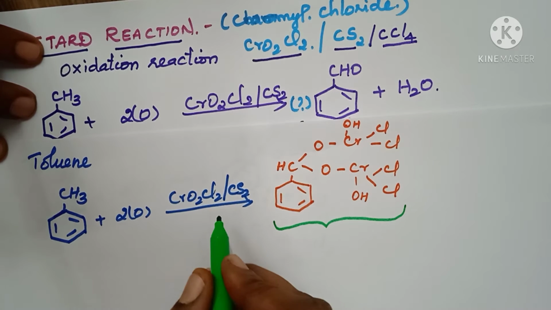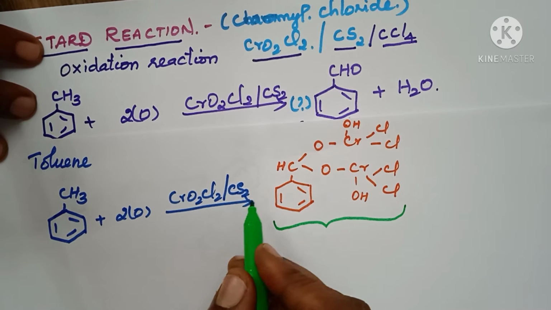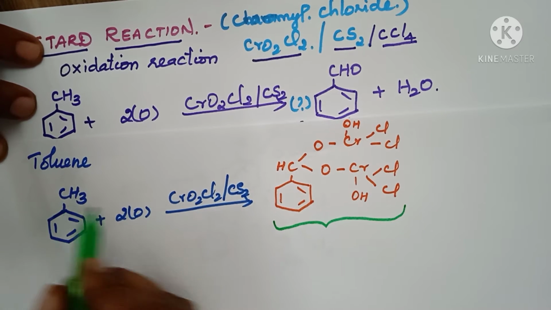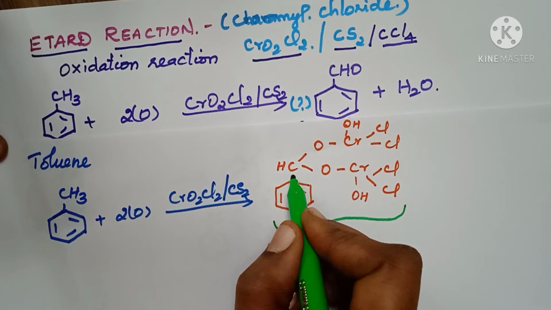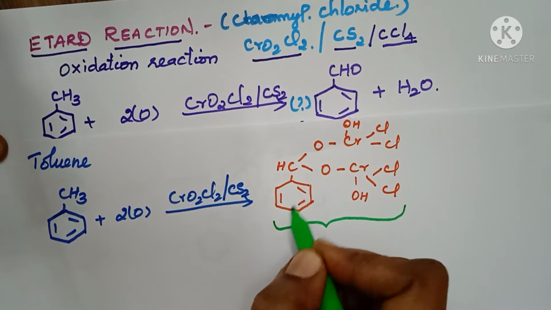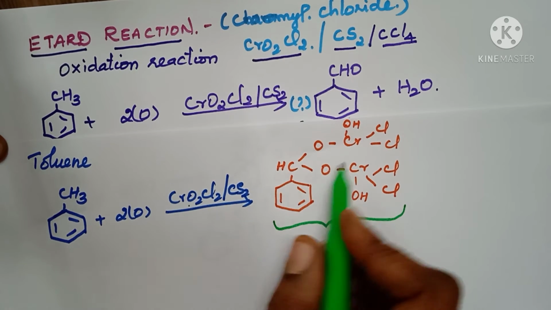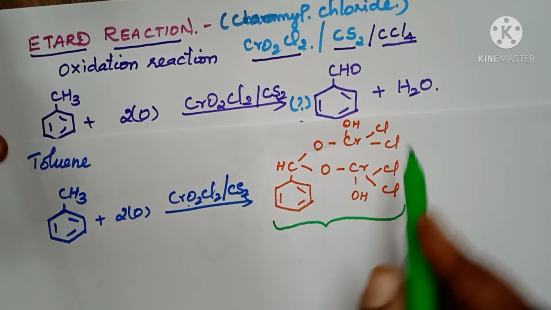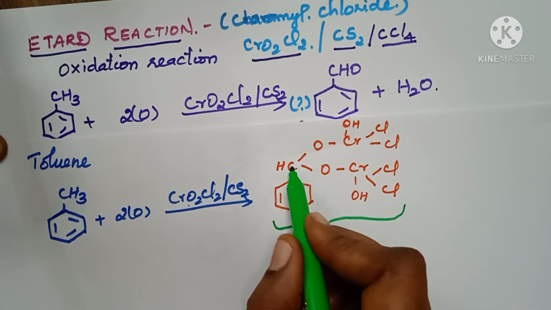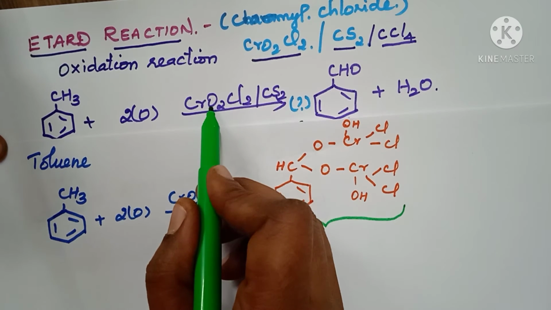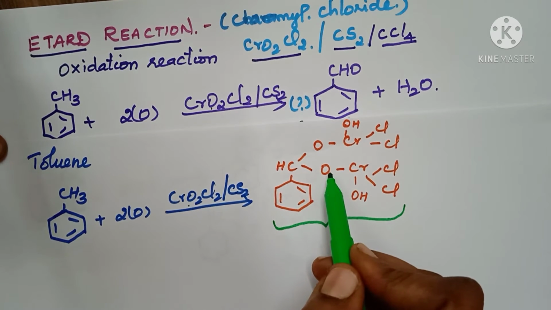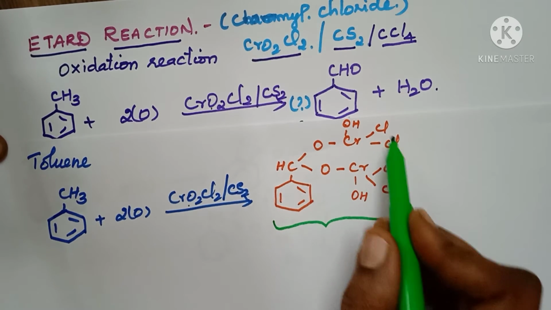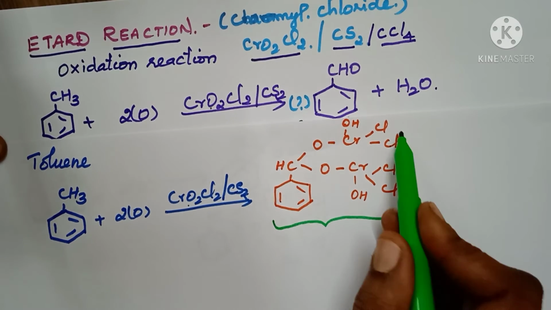Now here is the toluene compound, with chromyl chloride and carbon disulfide. Here benzene, along with that CH, here CH3; in this CH only, it is attached in that benzene, along with chromyl chloride. I split and wrote it over here so that you get to understand how we get this benzaldehyde. Here HC, here 2 O, O2 is there, no? So 2 O I split it over there, and chromyl chloride also, two things are there: chromyl and two chloride molecules.